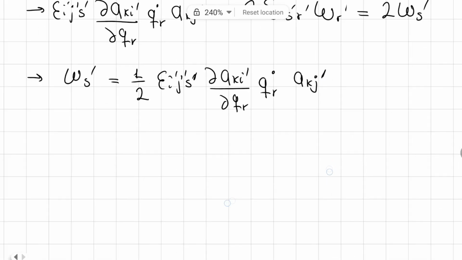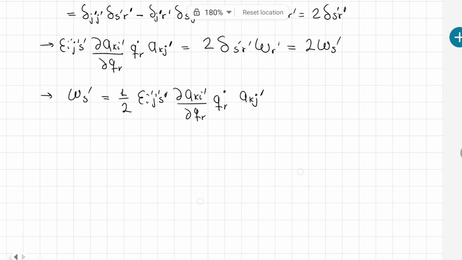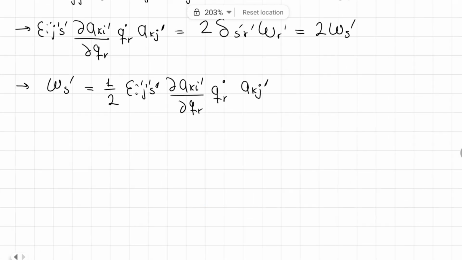Okay, and here is where we are going to define a quantity that is going to be very, very important. Let's define the quantity m, which is going to be defined for the indices SR as the next.